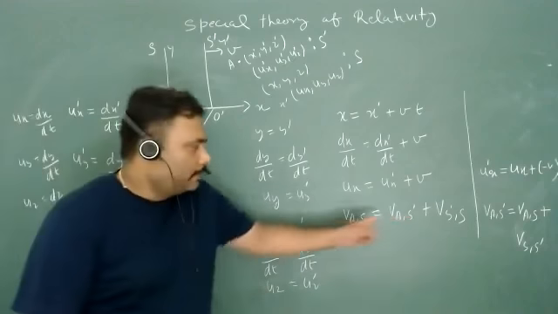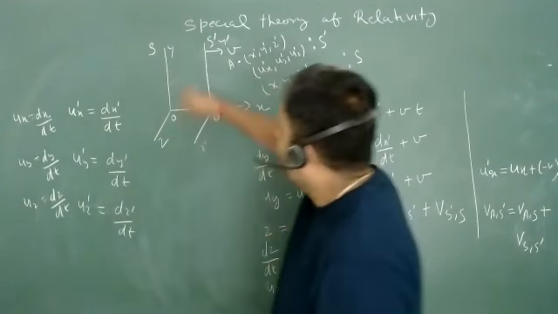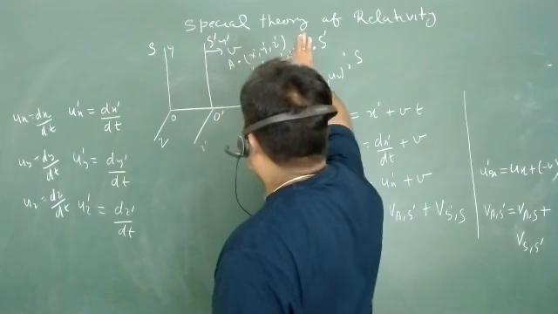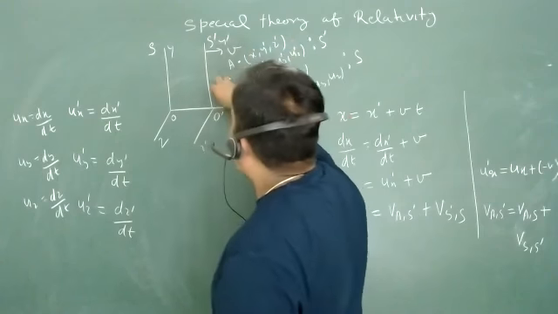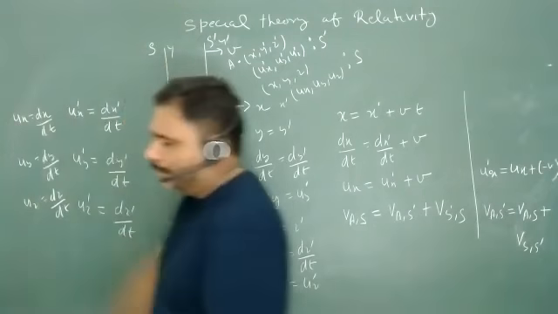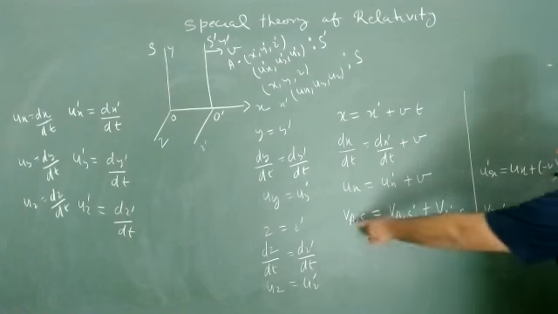This is very important. Why? Because if the observer is sitting on S, he will see S dash moving with v velocity. Then if the observer is sitting on S dash, he will see S moving with v speed but in the opposite direction. That is all about this one. But the symmetry is exactly the same.